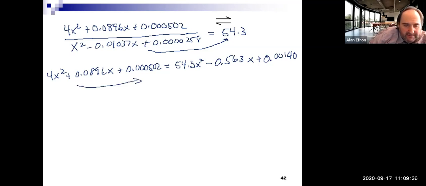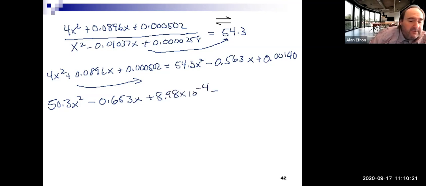And when I do that, that gives me 50.3x squared, 0.563 plus 0.0896 gives me 0.653x, and lastly 0.00140 minus 0.000502 gives me something like, I'll just kind of clean it up in scientific notation here, 8.98 times 10 to the minus 4 equals 0.